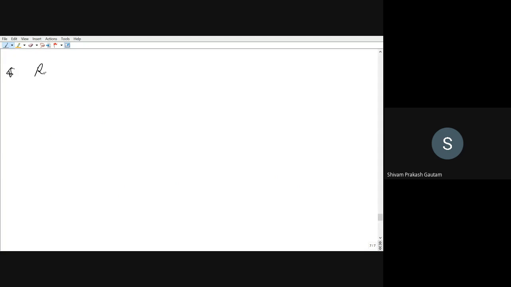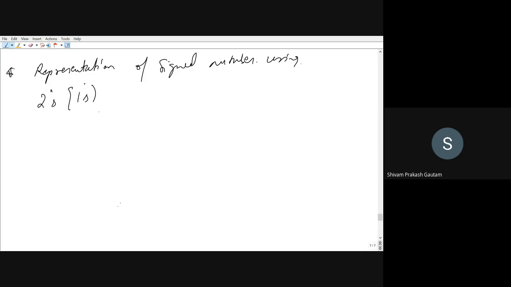So now we will see the representation of signed numbers using 2's complement form and 1's complement form.